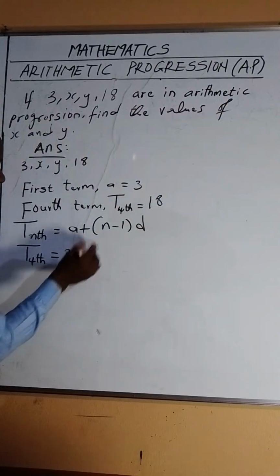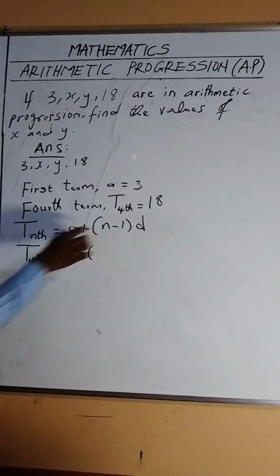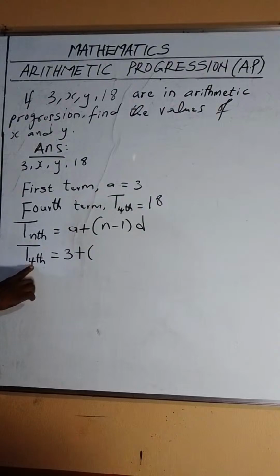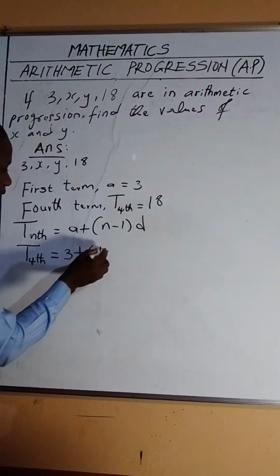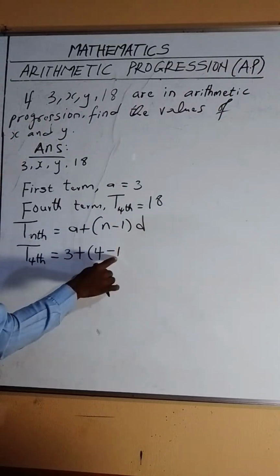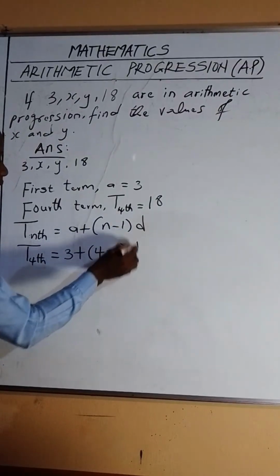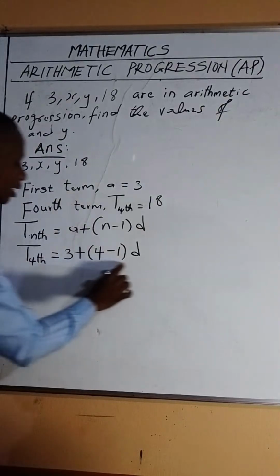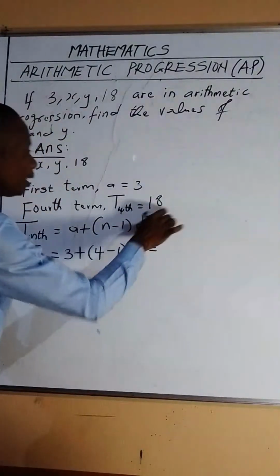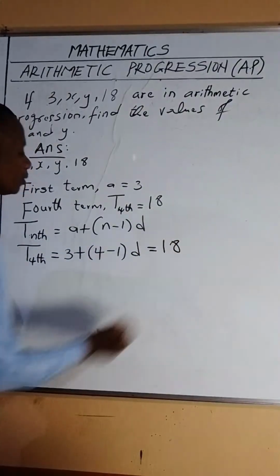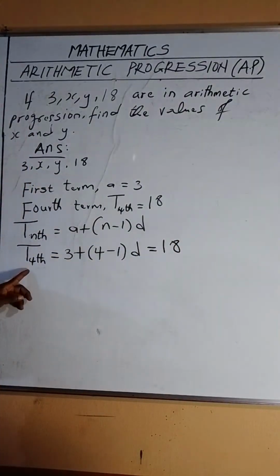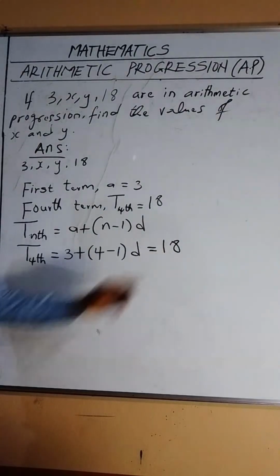Then this is N, the number of the nth term, which is 4. So put the 4 here, then minus this 1. Then D. Then everything here is equal to 18. Look at it here, 18. So the fourth term is equal to 18.